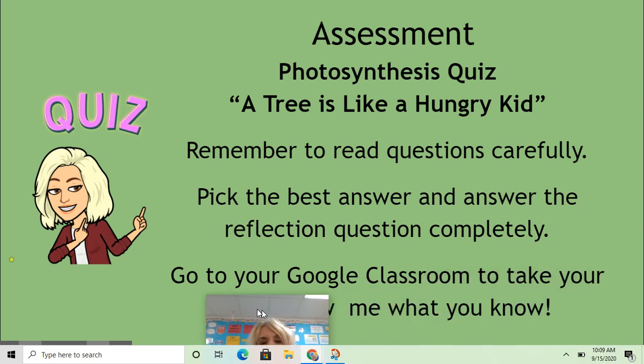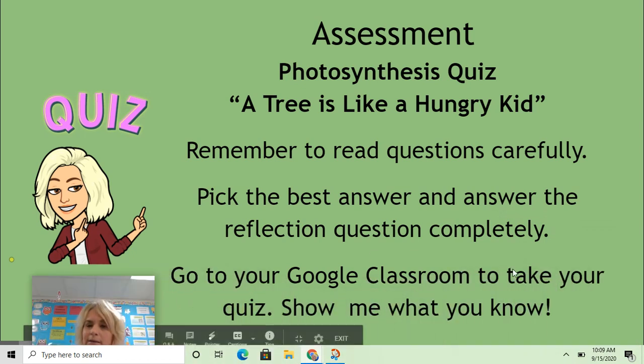And our quiz is going to be on the passage, just like I told you. A tree is like a hungry kid. You'll read the questions carefully, you'll pick the best answer, and then you'll answer the reflection questions completely that's at the end. So at the end of our lesson, after our Google Meet, you'll go to your Google Classroom to take your quiz.